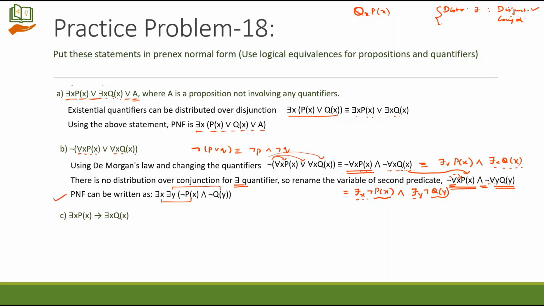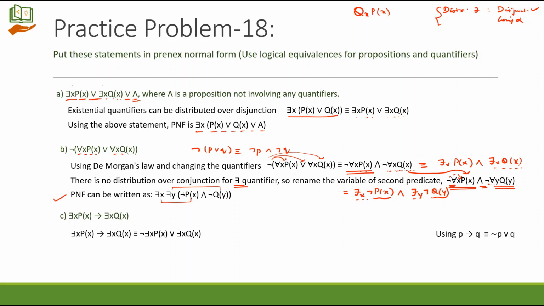What about the final problem? We have existential quantification, implication, existential quantification. So first we are changing this: P implies Q will be equal to negation of P or Q. So now this is P and this is Q. So it is negation of P or Q. So this is negation of existential X, or Q, the Q term completely.